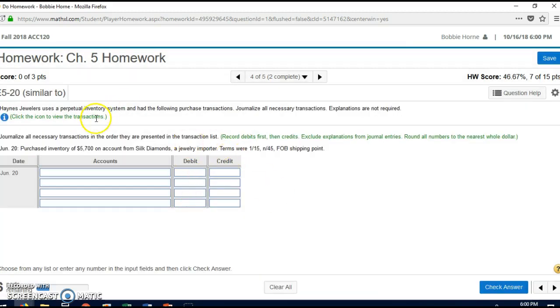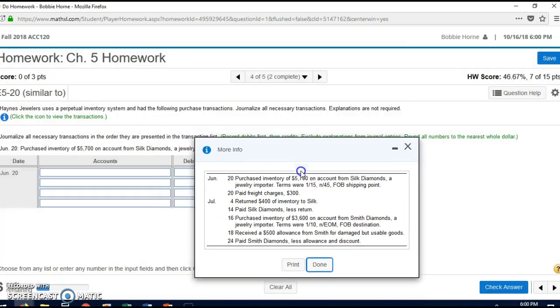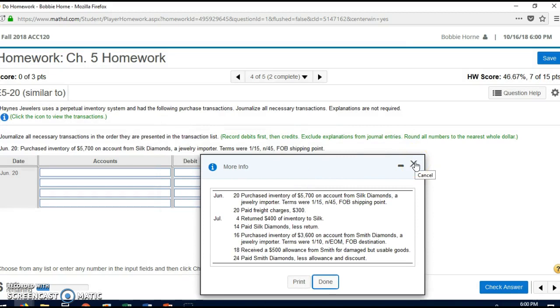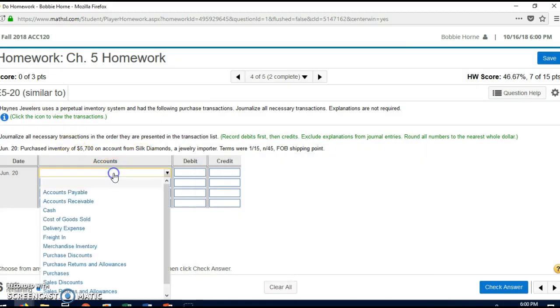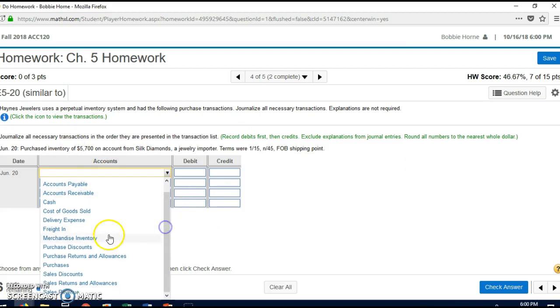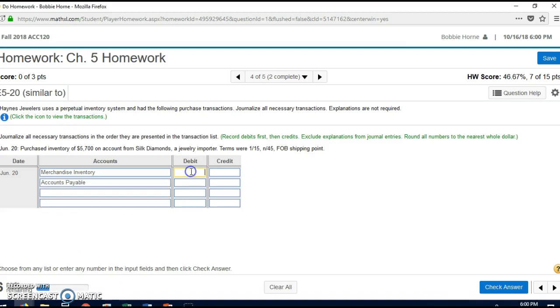So on question number 4, these are transactions. These are journal entries, which is definitely good practice. So we purchased inventory on account, so we are getting merchandise inventory, and we are going to debit accounts payable. We don't worry about the discount as the buyer until we pay it.